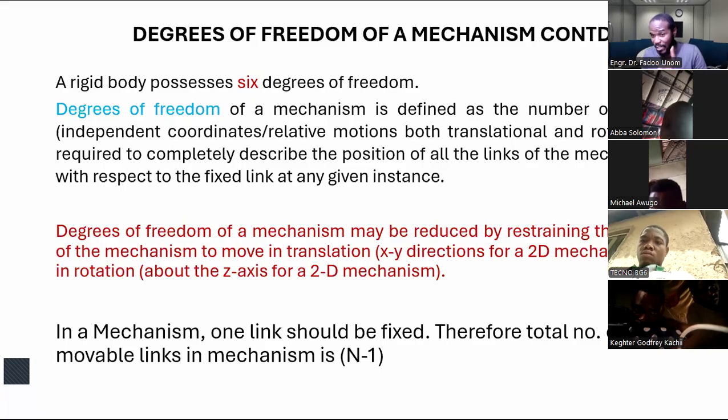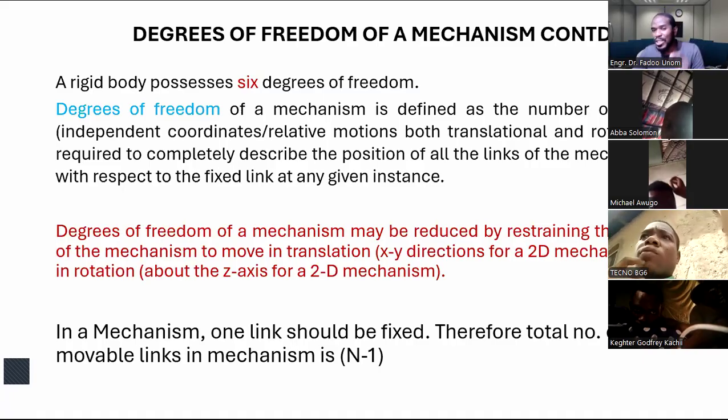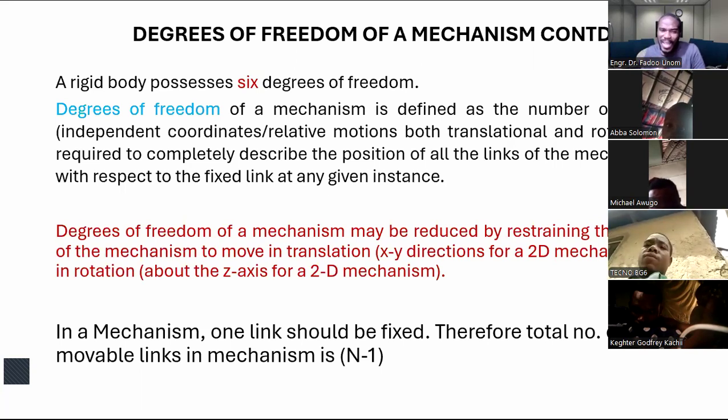I will say that again. It sounds long, but for the degree of freedom of a mechanism, we are talking about how many different inputs, how many different parameters, how many different relative motions do we need to completely describe the position of that mechanism at any point in time with respect to the fixed link.